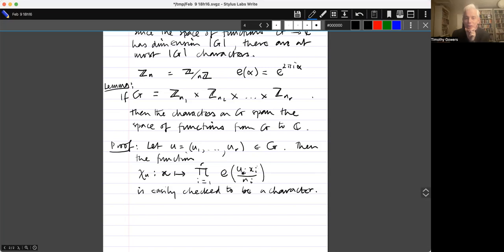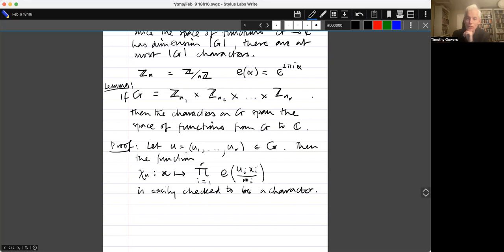If you take the integers mod ni and apply that horrible map iota from the previous video, in other words, you just regard them as elements of Z, then you can divide by ni, I get some funny rational number, and I can take e of that rational number. And the one thing that you need to check if you're feeling a bit squeamish about that is that if I were to choose different residues instead of ui and xi mod ni, I would get the same answer, because I'll just add some multiple of ni if I replace xi and ui by different residues mod ni.